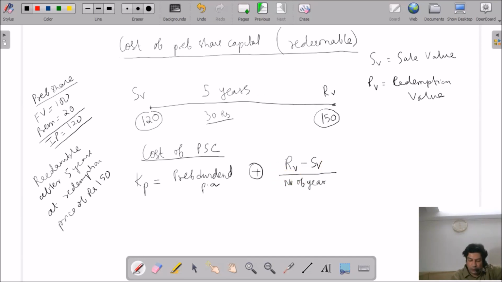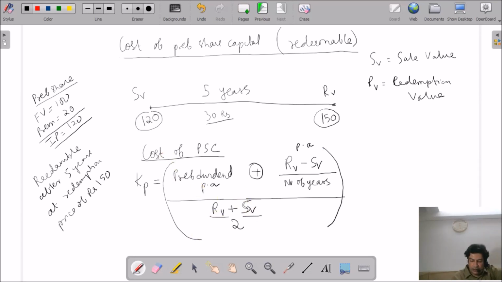So I will get this cost per annum. In the denominator I have to put the average capital. So average capital will be redemption value plus the sale value, which is this 120, and this we will divide by 2. So this will give you the cost of the preference share capital, and this entire will multiply by 100.